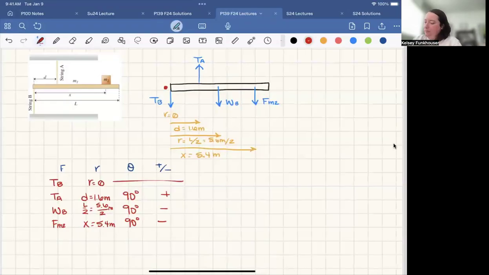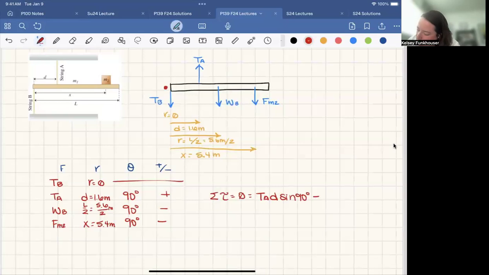Okay, cool. So, net torque. And this time I'm going to wait to add numbers. So just heads up, that's a little bit different than what I've been doing. So net torque is 0. We have TA times the distance sine 90.